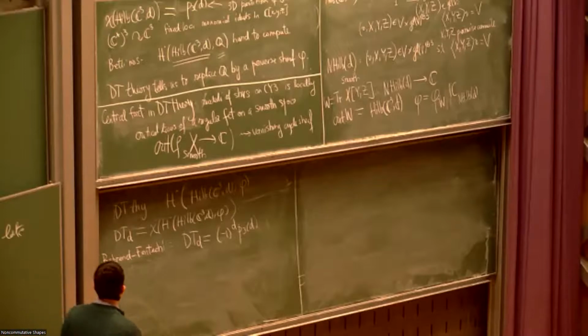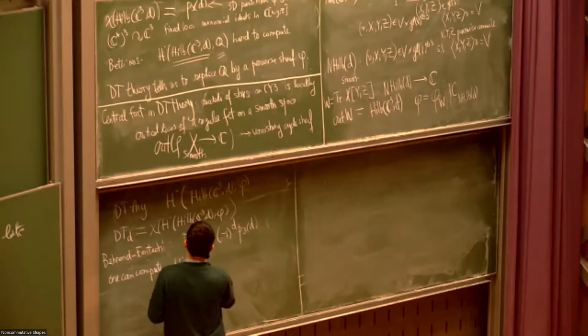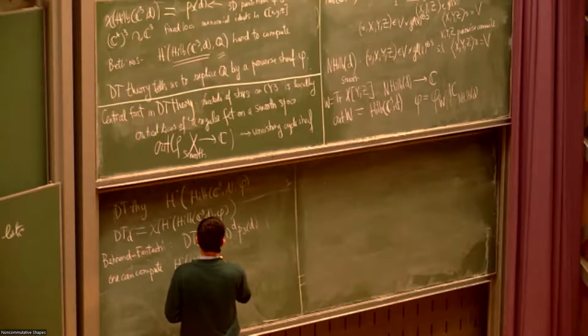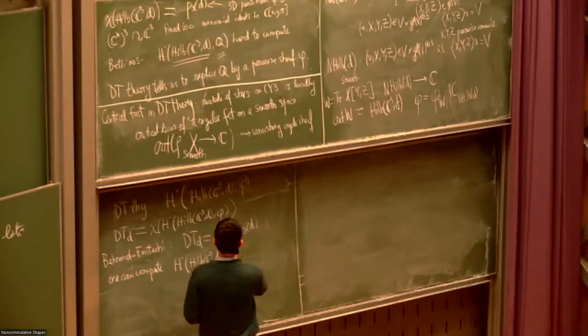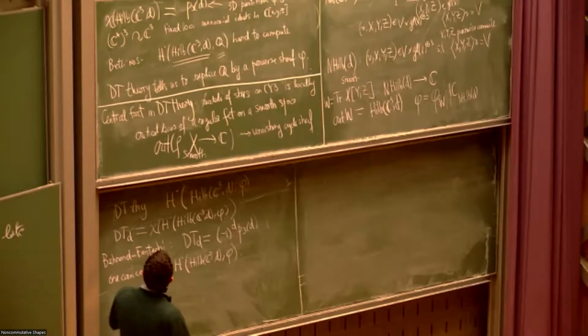But the advantage is that now one can also compute the individual homology spaces of Hilbert C3 D. But this is work of Behrend, Bryan, Szendroi, and Davison. So this is a better behaved theory.